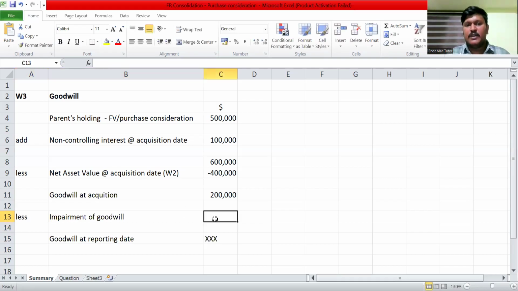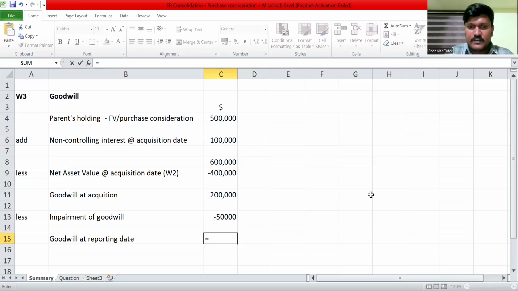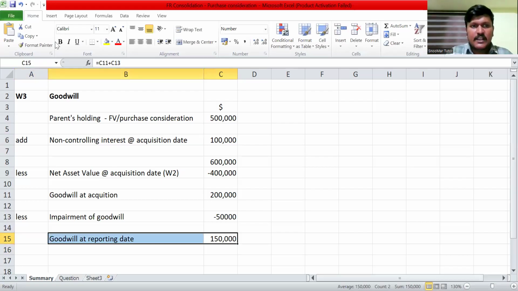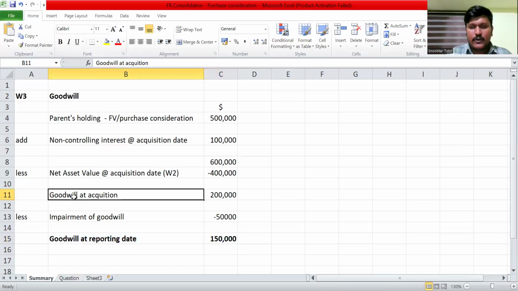Let's consider that 50,000 has been impaired. Since it needs to be deducted, I'm putting in 50,000 as a negative figure and subtracting. So at the reporting date, your figure becomes 150,000 for the goodwill. You need to be extra careful about what the question is asking.